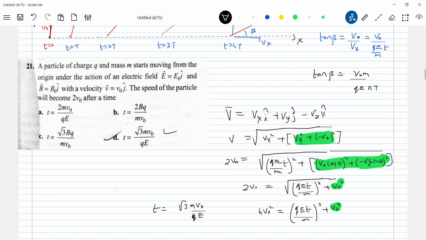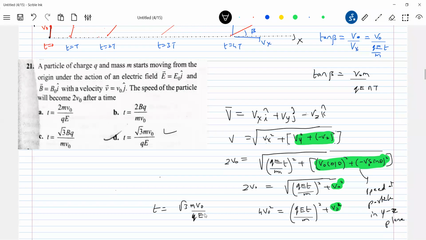So for the helical path, what is the best way of learning it? Divide it into two parts: circular motion in one plane, and straight line motion along one axis, along the axis of the helix. So even the velocities, everything, we are supposed to think in that particular way.